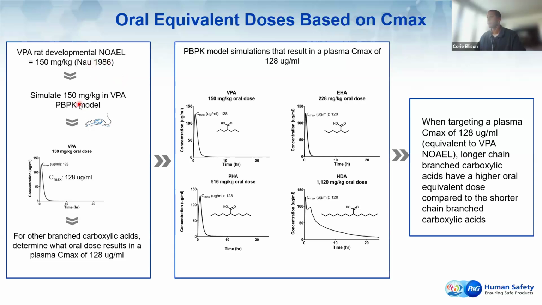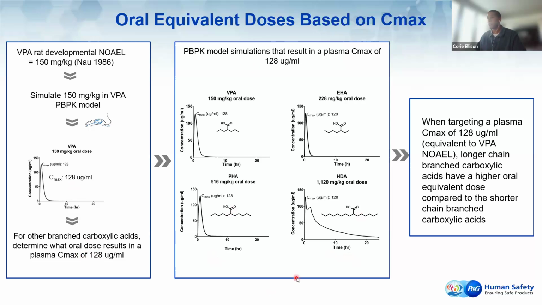So we first set up the valproic acid model to run a simulation at a dose of 150 mg per kg, which is the developmental NOEL. And when running the simulation of 150 milligrams per kilogram, the resulting Cmax for plasma in the rat was 128 micrograms per milliliter. So this plasma concentration of 128 micrograms per milliliter then becomes the target internal exposure for the simulations that we want to do with the other branched chain carboxylic acids.